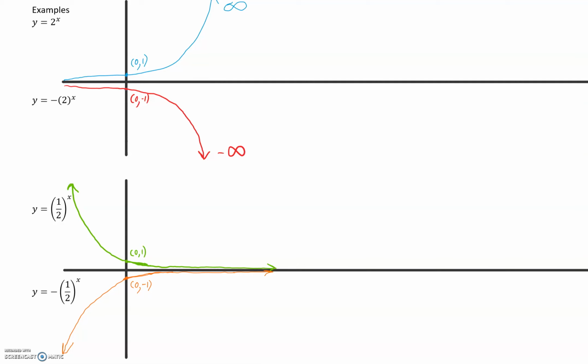It's still curving towards infinity. And in both of these cases, it's going towards 0. So it's getting closer and closer to 0, but never actually touching 0. And that's why we have no x-intercepts, because it's not touching 0. It always gets closer, but never touching 0.